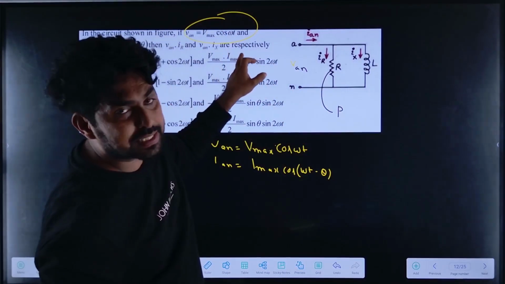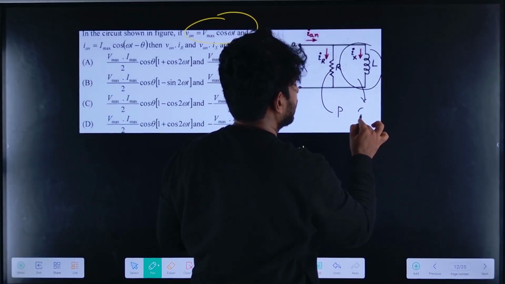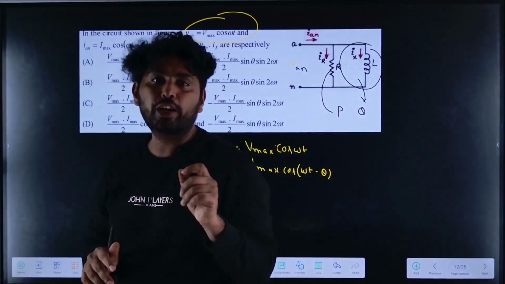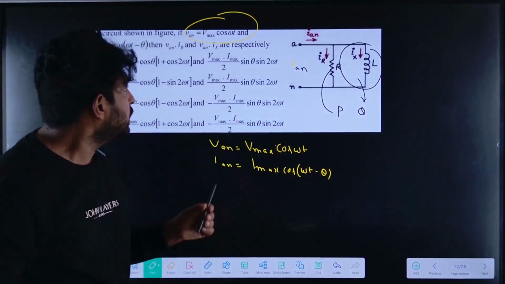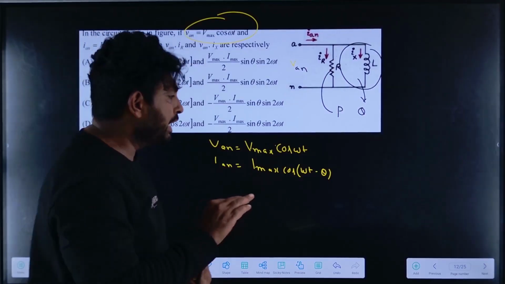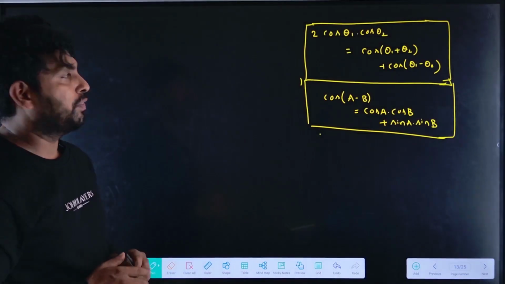VAN into IX is reactive power. So indirectly, we need to find the active power and the reactive power. What they have given are VAN and IAN.